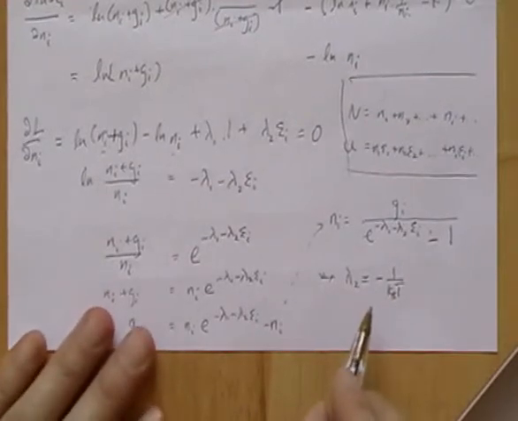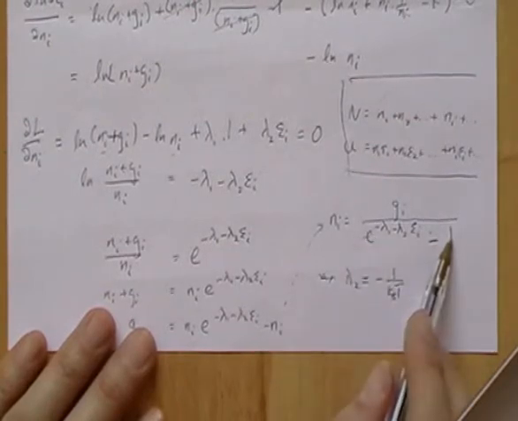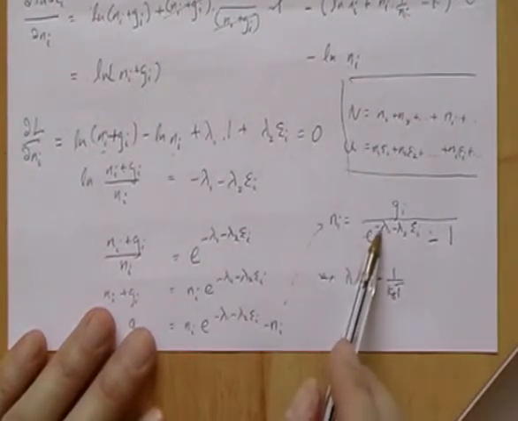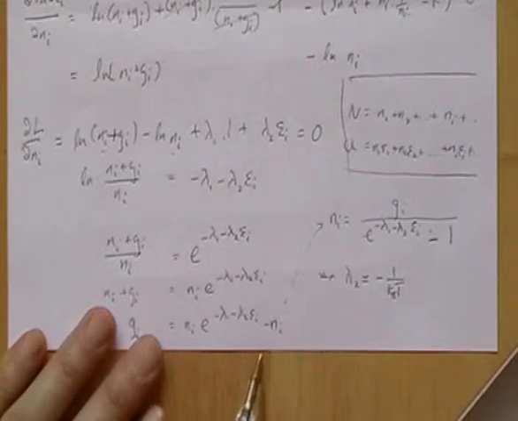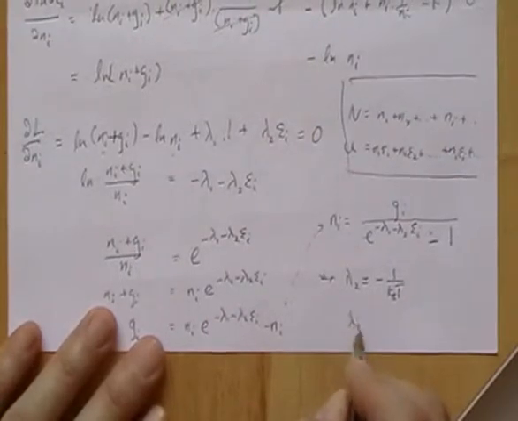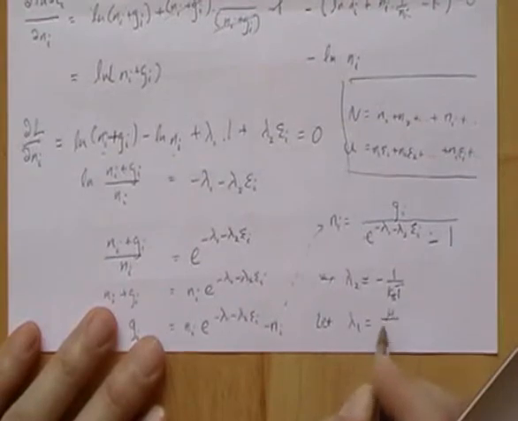And like for the case of electrons, which has a very similar form for its distribution, we are going to use mu for the lambda 1. We are going to let lambda 1 be mu over kBT, where mu is another constant.